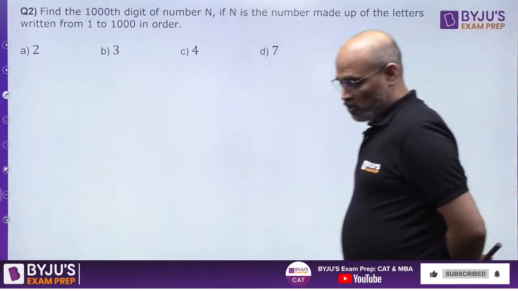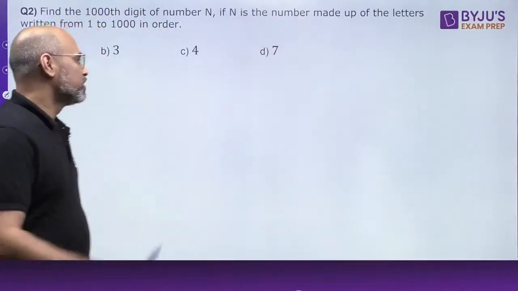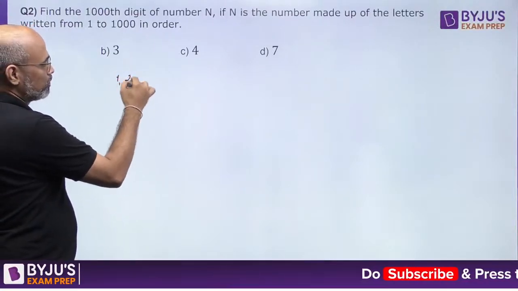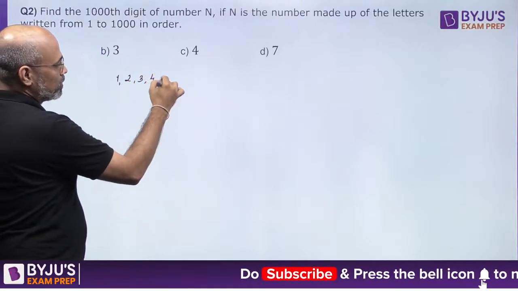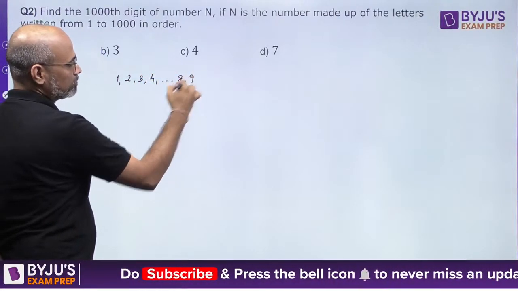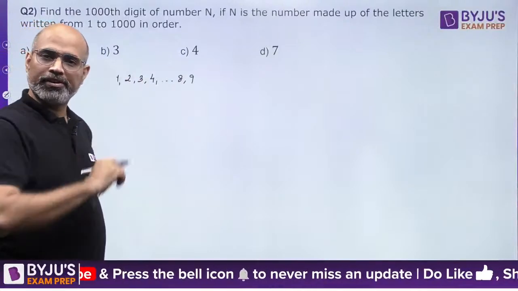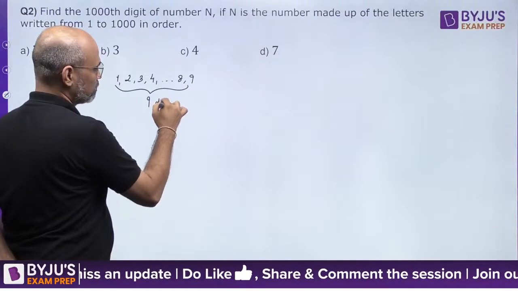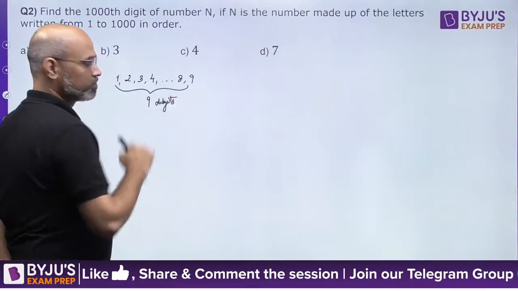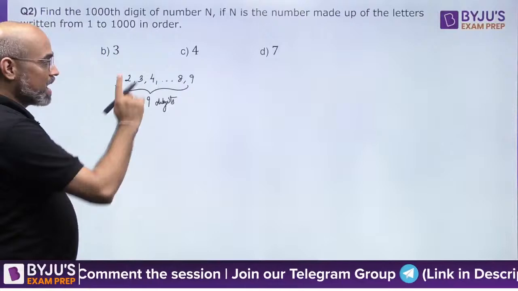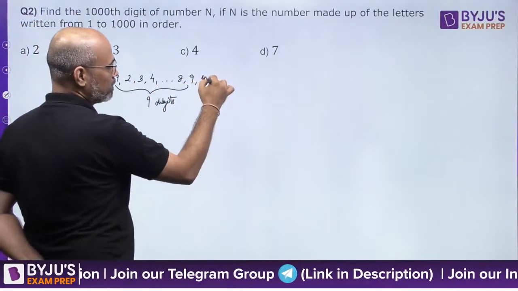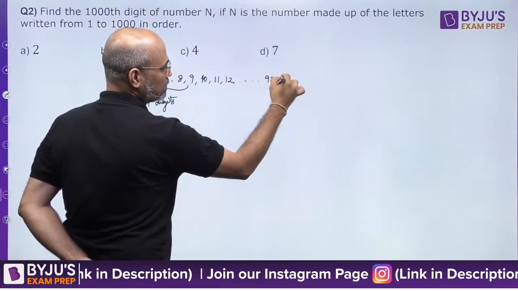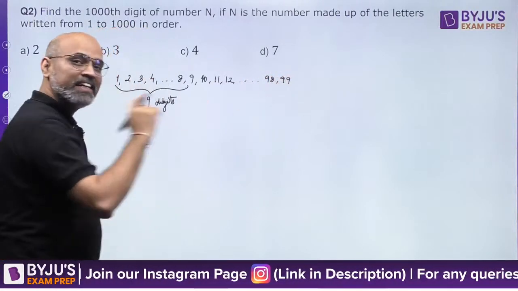Okay, so once you start writing down the numbers 1, 2, 3, 4 and up to 9, how many digits have we written already? So we have written down 9 digits, right? After 9 we are going to write down 10, 11, 12 and so on until the last number, which is the 2-digit number 99.